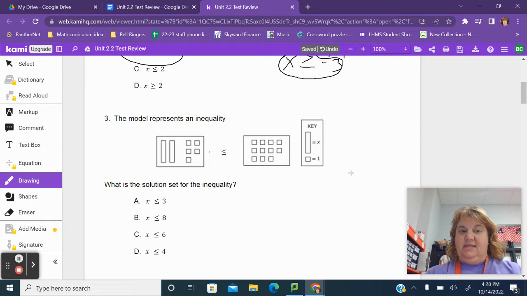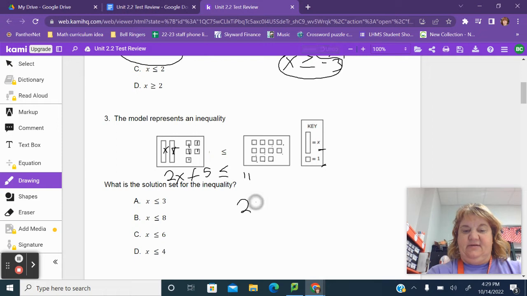Okay. Next one. It tells me on the key right here. See the key? It says this is an x, this is an x, and these are all ones. So I have 2 x's plus 5 is less than or equal to 1, 2, 3, 4, 5, 6, 7, 8, 9, 10, 11.